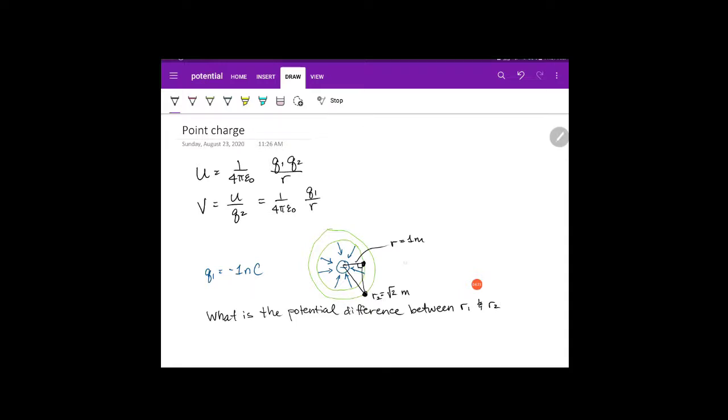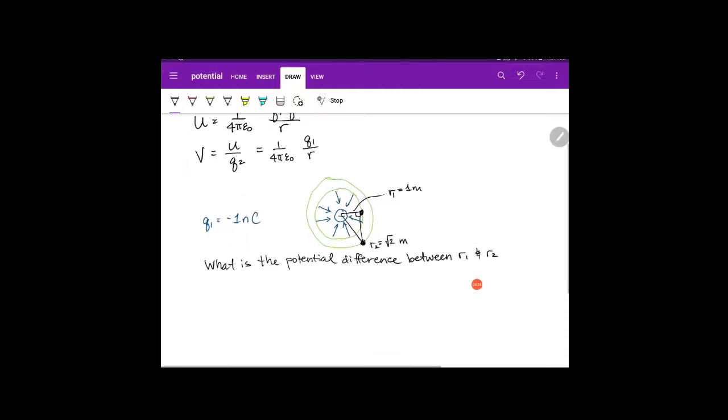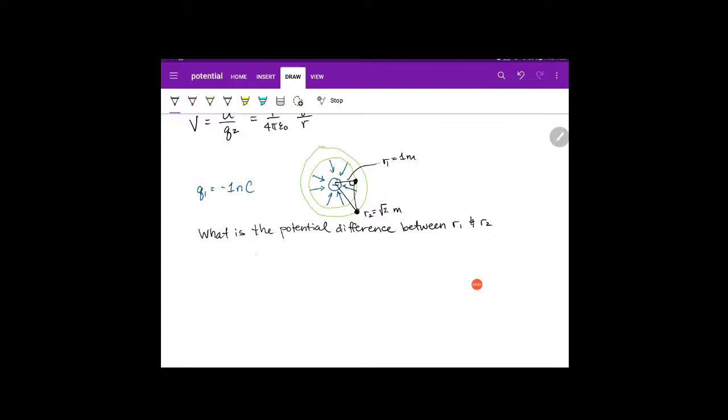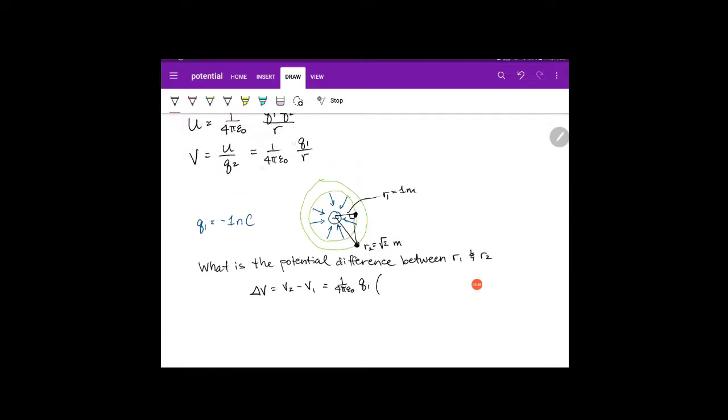So I'm going to call this one R2 and this one R1. And then I'm going to calculate the potential difference. Since the potential is a constant times Q1, another constant, times 1 divided by R, I can pull all those constants out and just say that this is 1 over R2 minus 1 over R1.